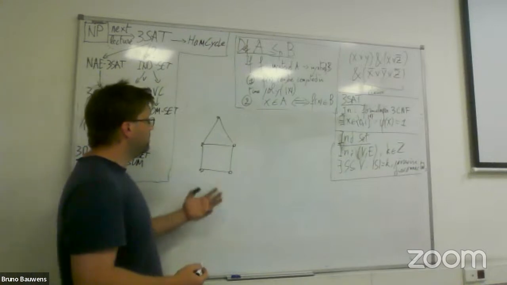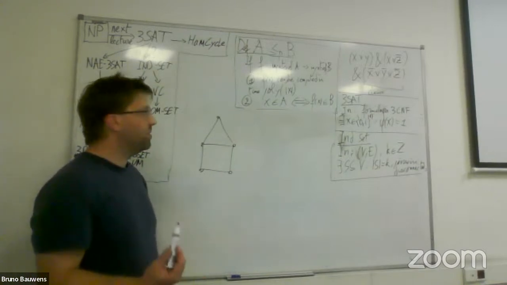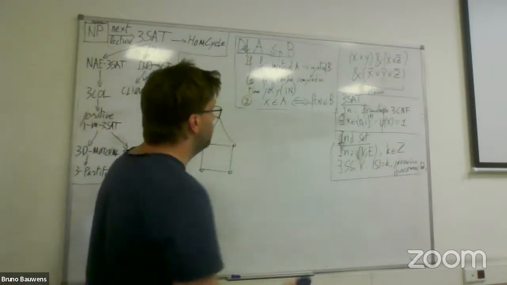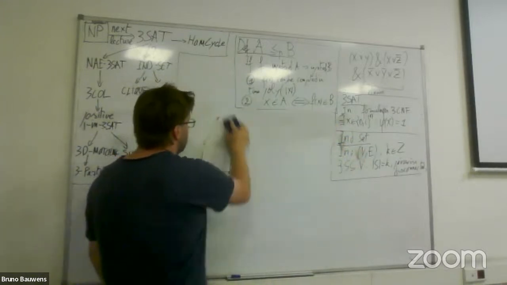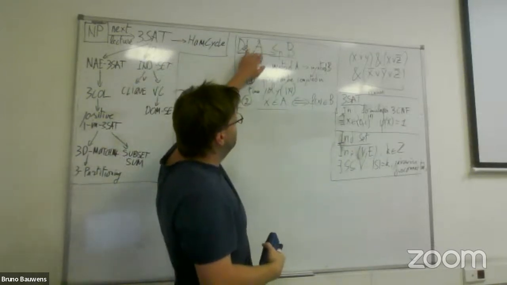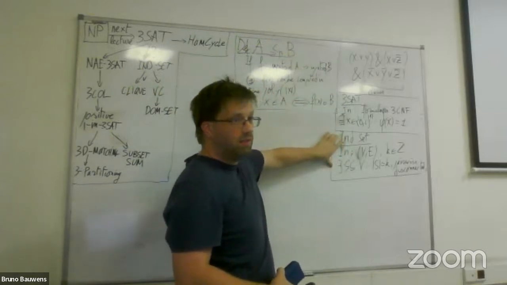Yes. Of size 3? No. Okay, is everything clear? And so now we want to transform a formula to an independent set instance. So here A is 3SAT, B is independent set.